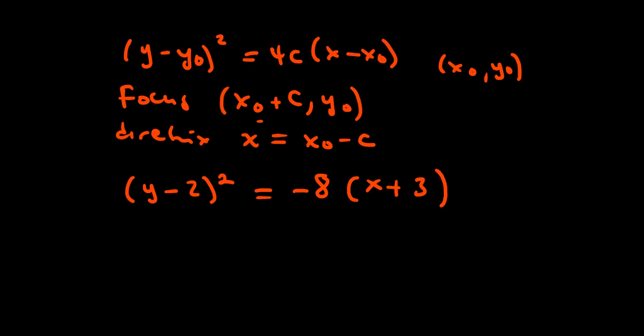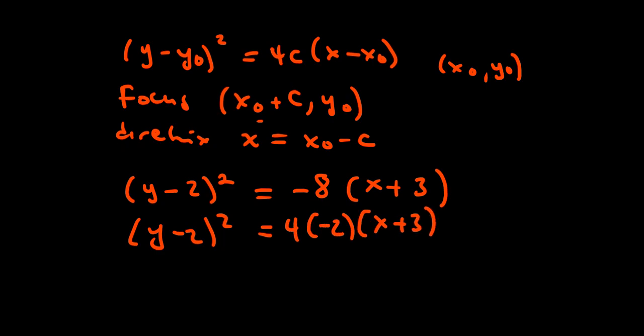You're told to sketch this. So how are you going to sketch that one? You factor out the 4 where there is 8. So you factor out 4, you remain with negative 2, and that is your c. We've already identified that our c is negative 2.